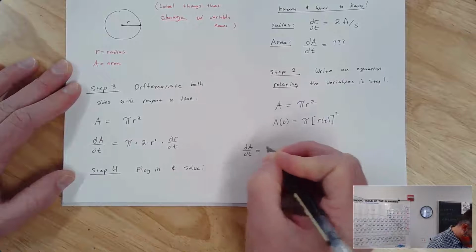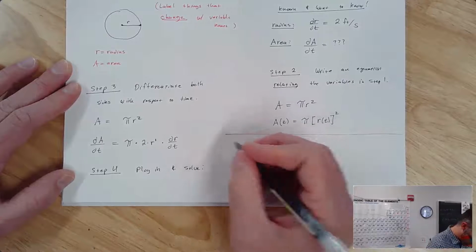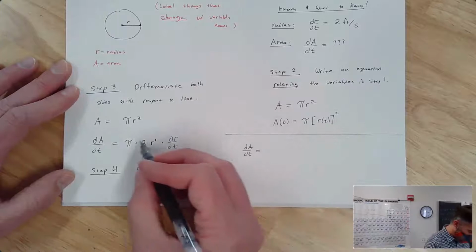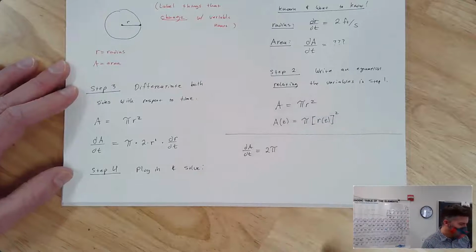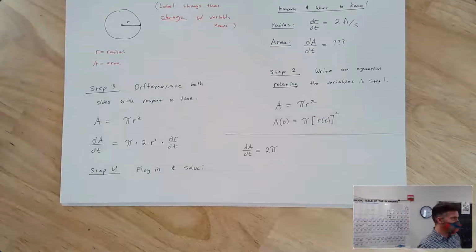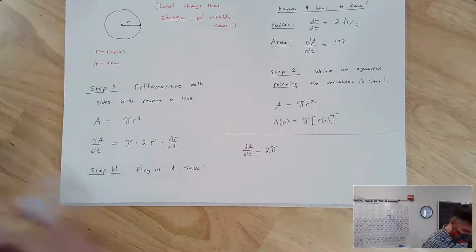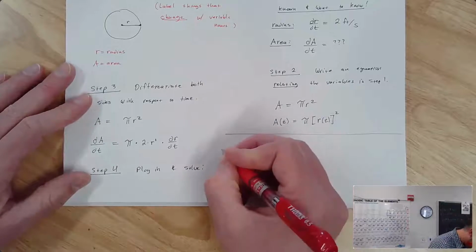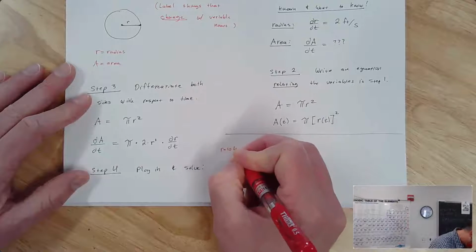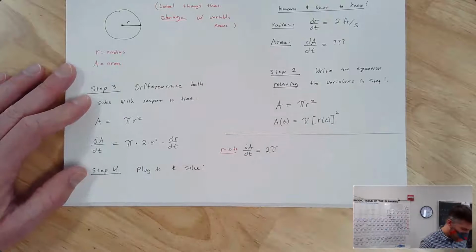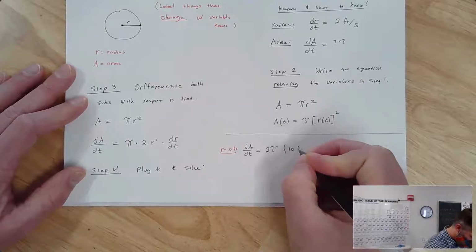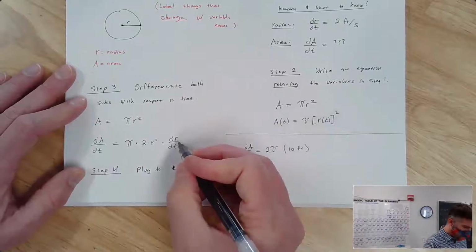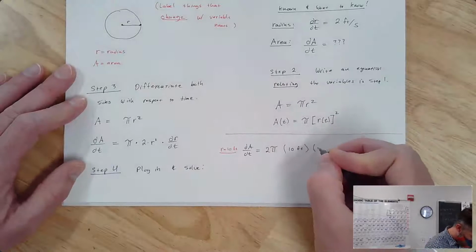dA/dt equal to, let's see here, it's going to be 2 times pi. Oh, I had 2 different situations. I had one where the radius was 10 feet and one where the radius was 20 feet. So let's first do the one where the radius is 10 feet. So dA/dt is 2 pi times 10 feet, and then dr/dt is going to be 2 feet per second.